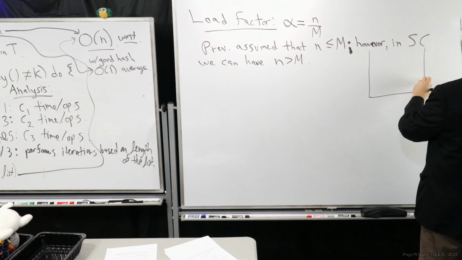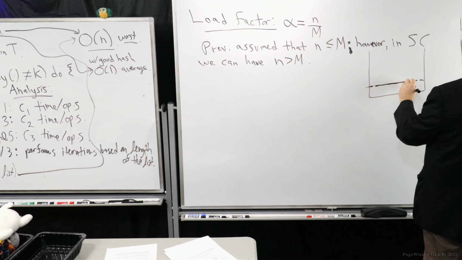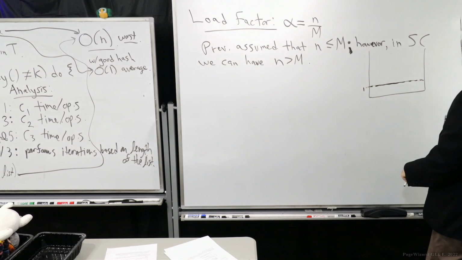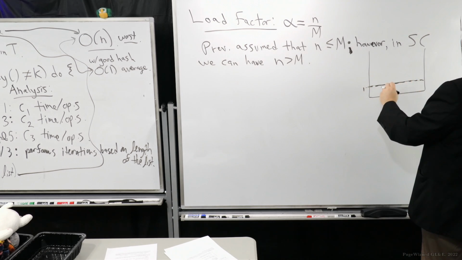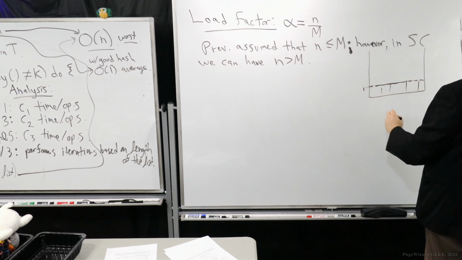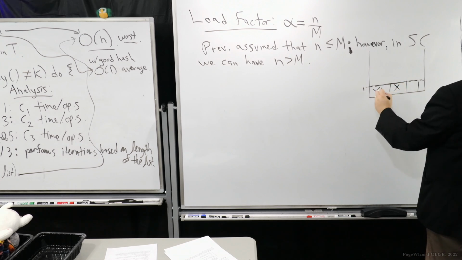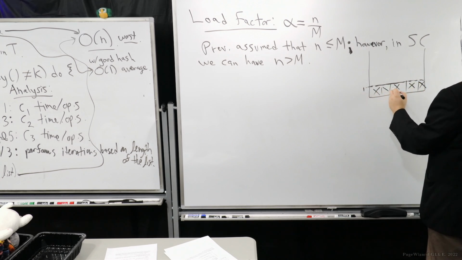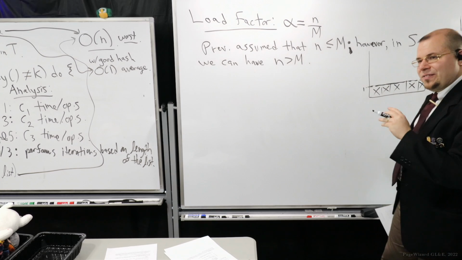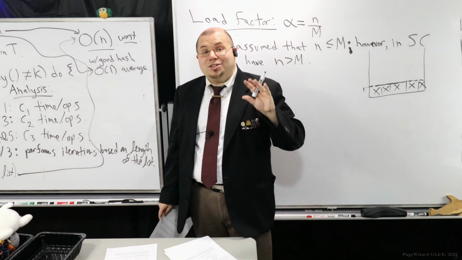So the intuition would be that if your load factor is about 1, when you put things in here, it'll go here, then it might go over here, then over here. The point is it fills up the first layer. That's the intuition behind it.